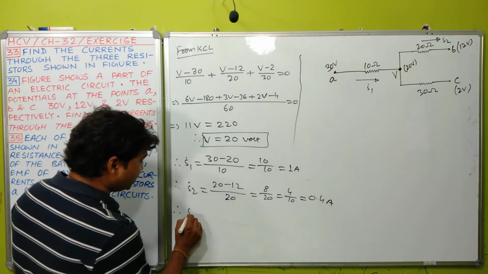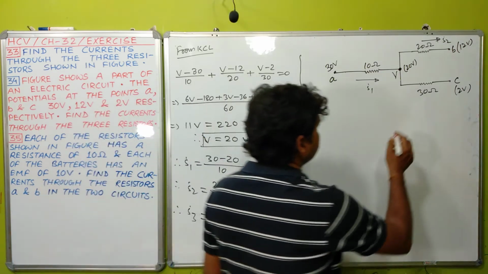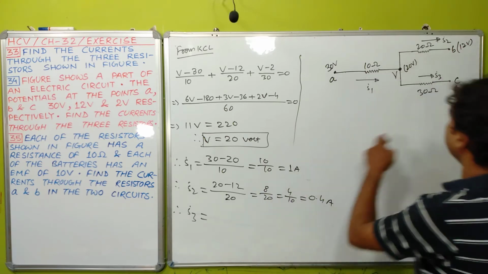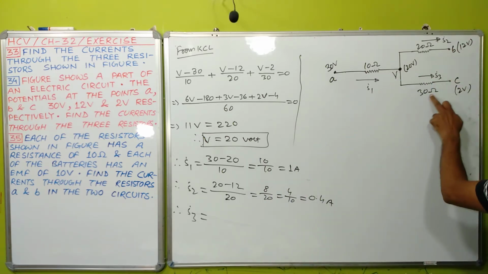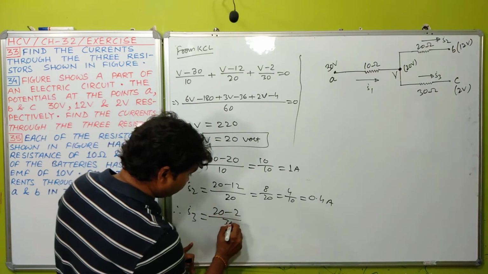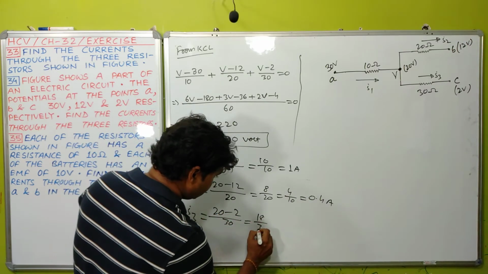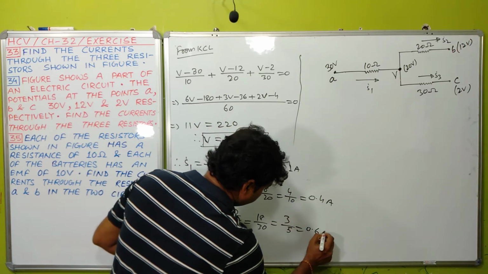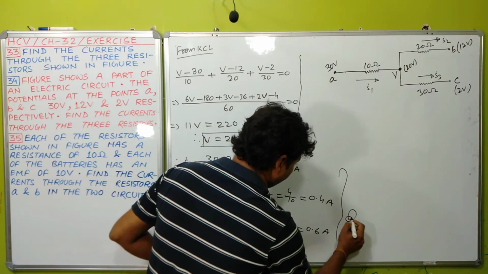Similarly, if the current flowing through this resistance is I3, the value of I3 will be 20 minus 2 divided by 30. This is 18 by 30, which is 3 by 5, which is 0.6 ampere, and so these are our final answers.